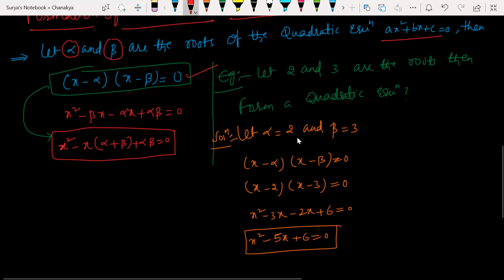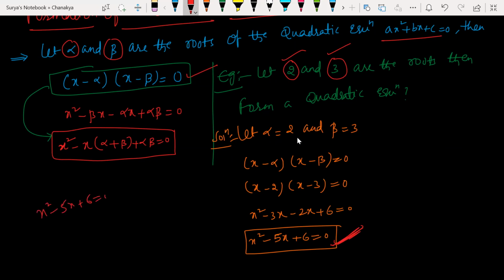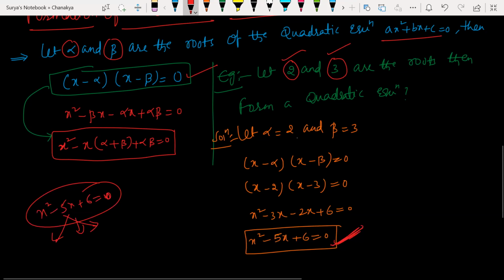Understood, guys? So this is the procedure. If they give roots like this, alpha and beta, I have given you roots, 2 and 3 are the roots. I'm asking you to form a quadratic equation. Before, in the last 2-3 classes, we have learned that if they give x square minus 5x plus 6 is equal to 0, find the roots of this. We used to split the middle term and find the roots of that particular equation, right?